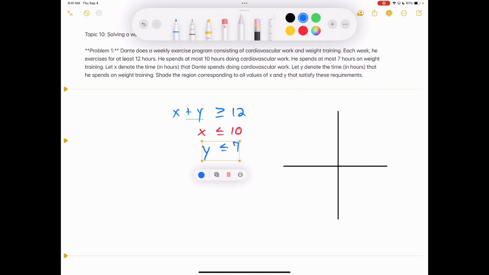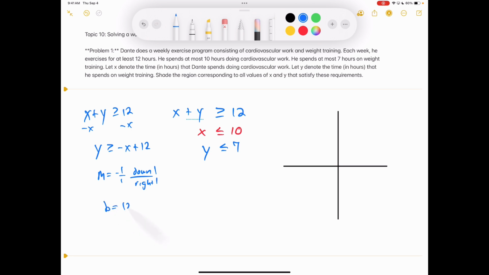All right, so my blue one, I need to put into y equals mx plus b, so I subtract x from both sides, and I get y is greater than or equal to negative x plus 12. So my slope is negative 1 over 1, that would be down 1, right 1.